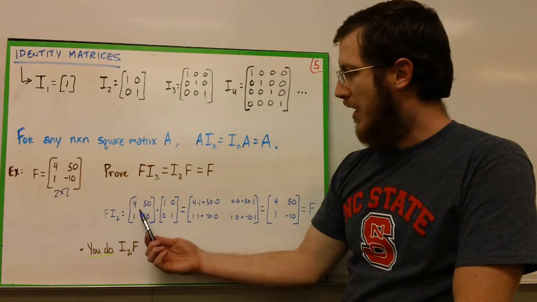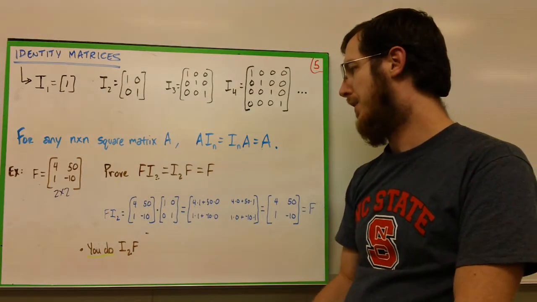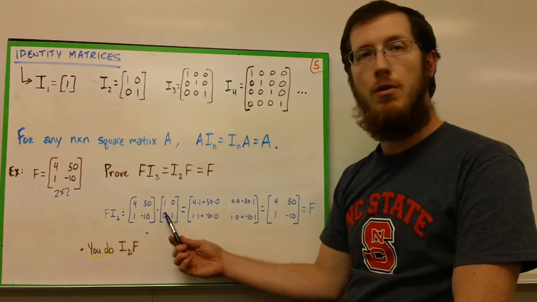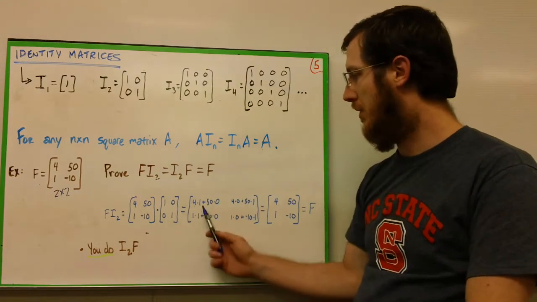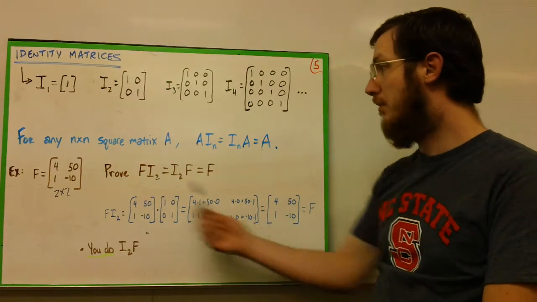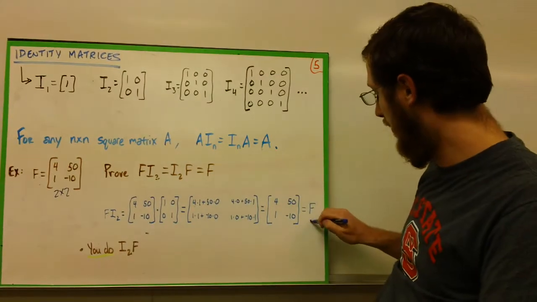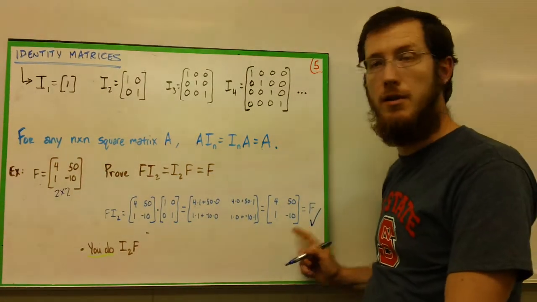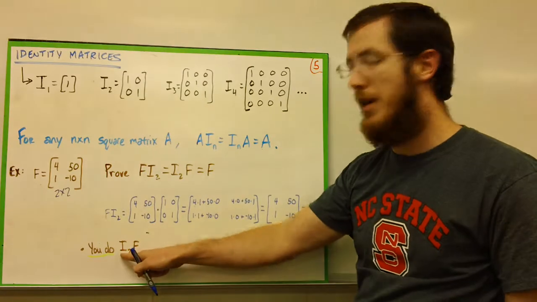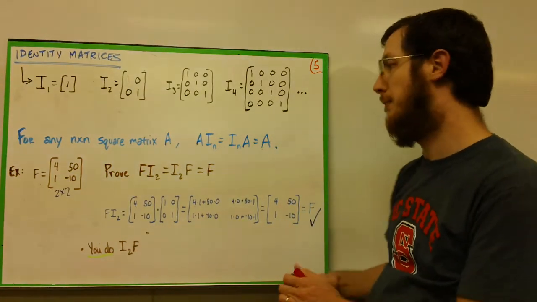We start off with our F multiplied by our I, our 2 by 2 identity matrix. Again, row by column to fill in our entries. And when we simplify, we get exactly what we started off with, F. So for this part, so far so good. In your notes, you try with I first and F second and see if you get the same thing.